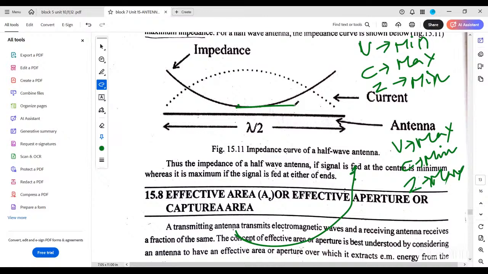In the second paragraph, if voltage is minimum and current is maximum, the impedance is also minimum. So voltage and impedance vary directly. And based on the diagram, you have to show where the impedance is maximum and where it is minimum. So this is about this topic.